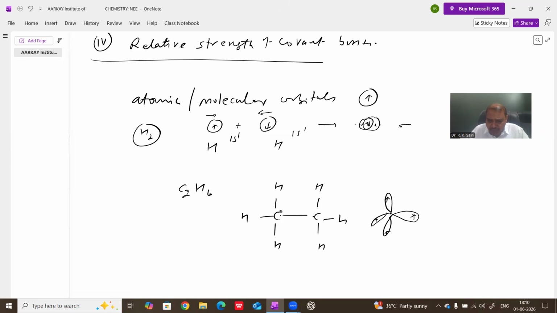For example, this carbon is sp3 and another carbon is also sp3. Therefore, this sigma bond is also formed by the overlapping of molecular orbitals. I think that is clear.